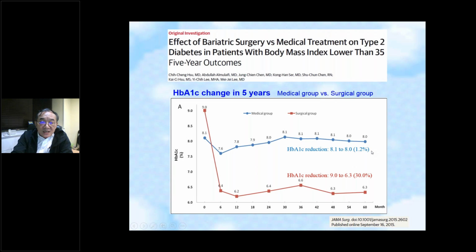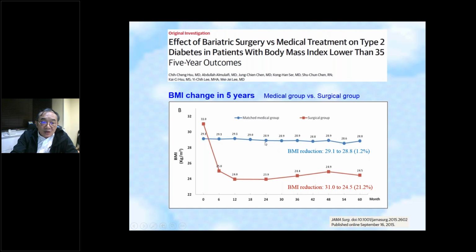And for the 5 years of data, you can see the surgical group had better glycemic control than the medical group. However, the medical group still maintained the HbA1c through the 5 years. So it's another, quite updated medical treatment to maintain the A1c in 5 years.